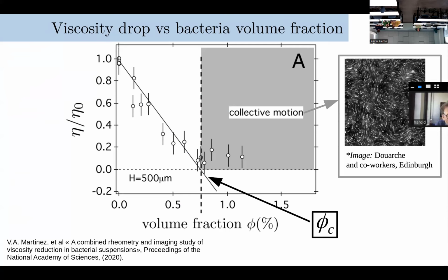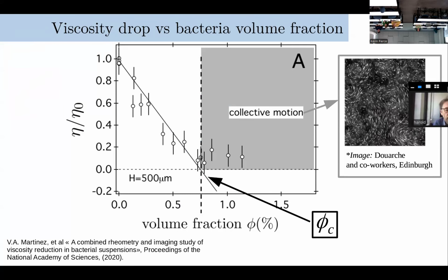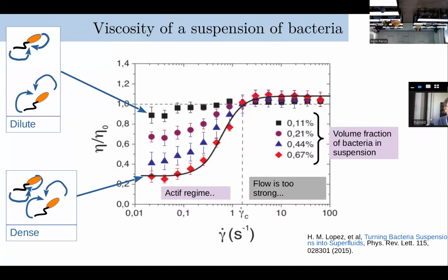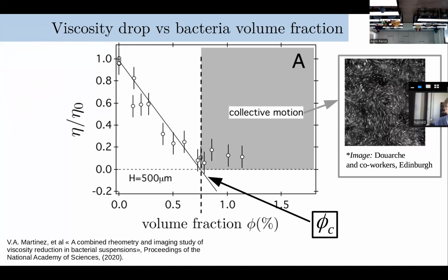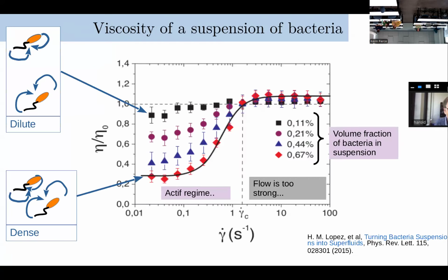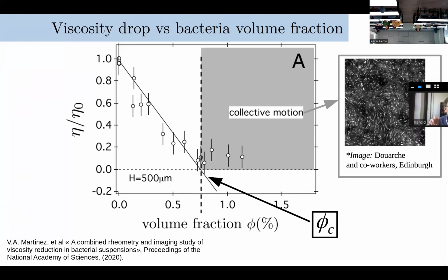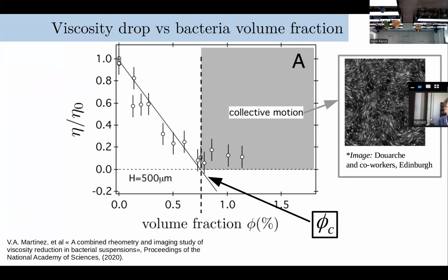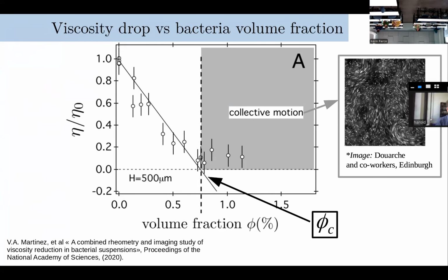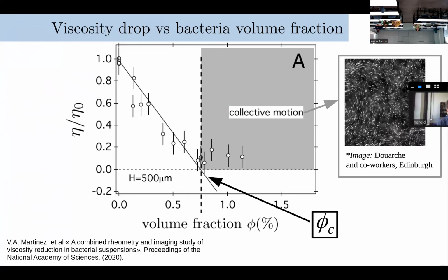And it's what you can see on the movie. It's a fluid at rest containing 1% of bacteria. And for that concentration, you see the occurrence of what we call active turbulence. So you have collective motions, and there is a relation between these active motions and the fact that the viscosity becomes 0.